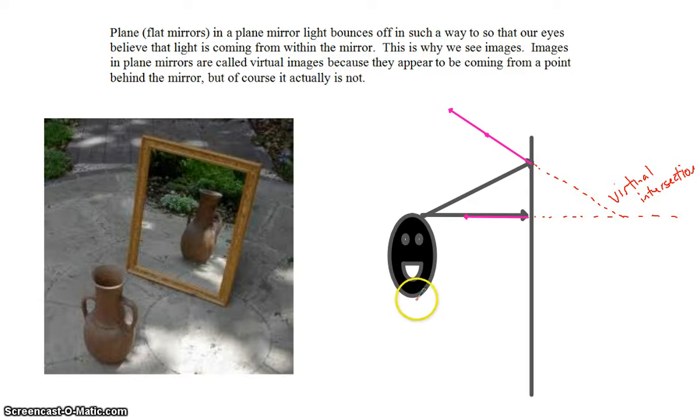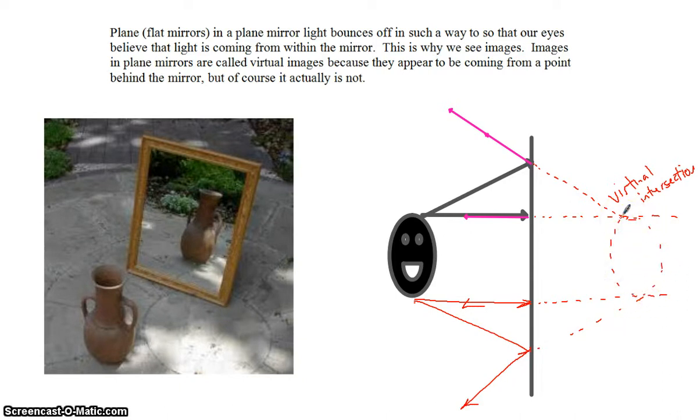You can do the same thing with the bottom of your object. If it goes straight in, it goes straight back. If it comes in at an angle, it goes out at the same angle. They don't really intersect, but I can trace them back. And so again, there's another virtual intersection.